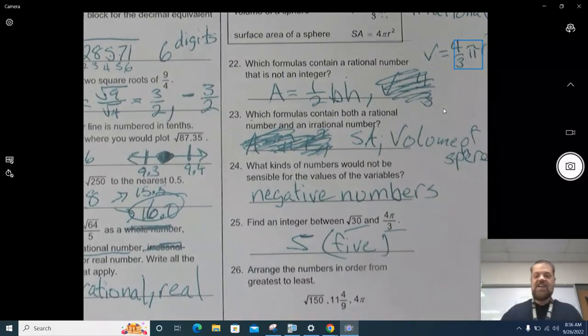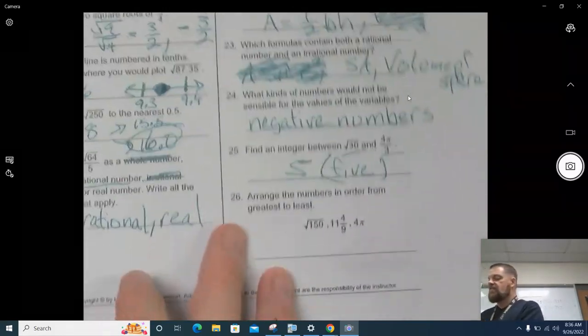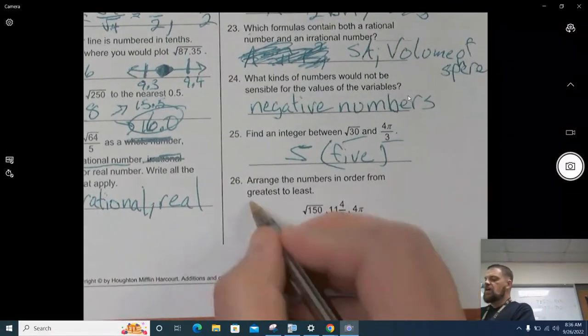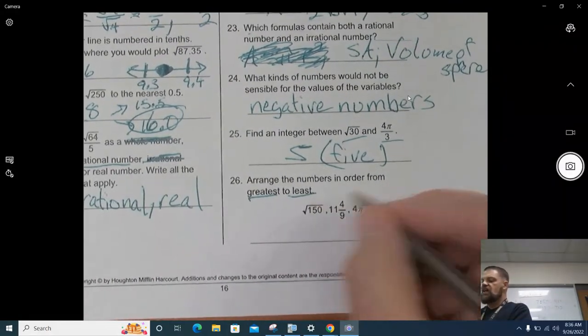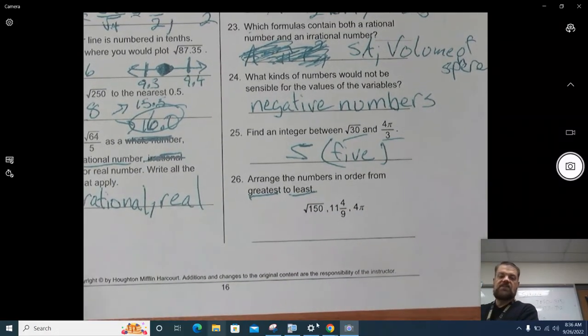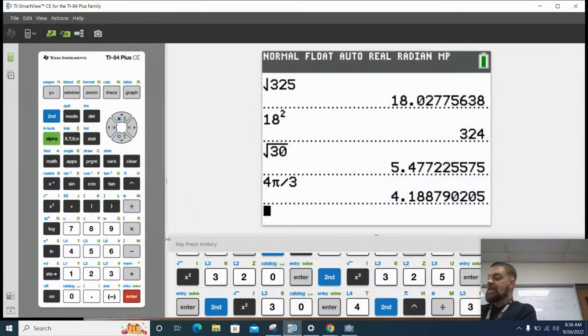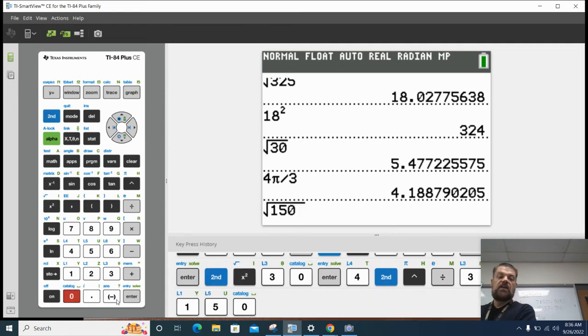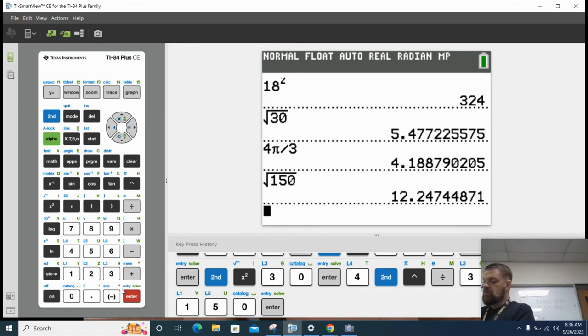All right. Now, here's another problem that everybody got wrong. To figure greatest to least, the easiest way to do this is to figure out what the decimals are. So I'm going to write this down, but we have to write them down in their original form. In other words, I'm going to say the square root of 150 and figure that out. So the square root of 150 is approximately 12.25 if we round it.